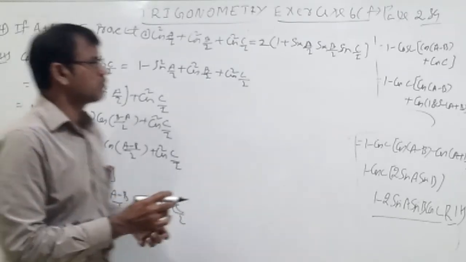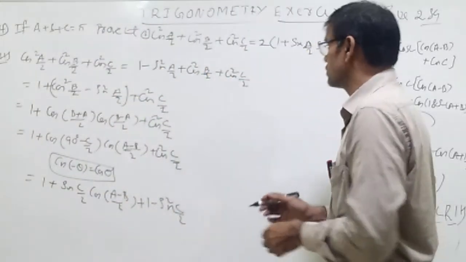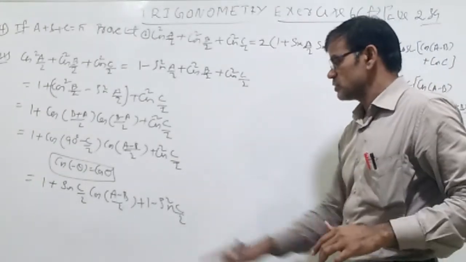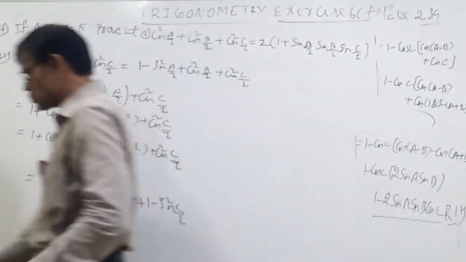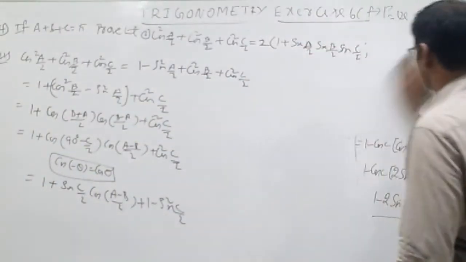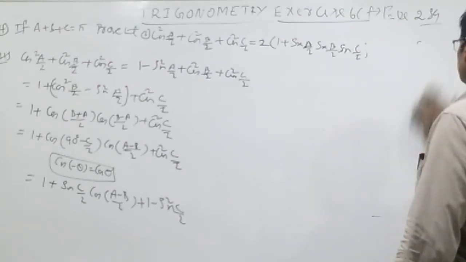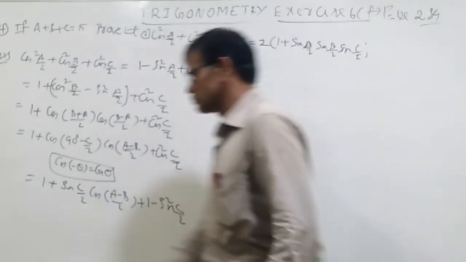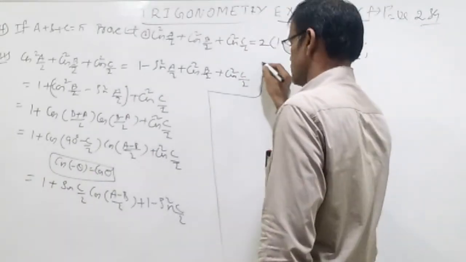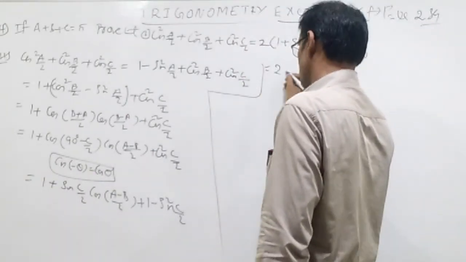Why are you writing 1 minus sin square c by 2? It indicates that in the RHS we should get 2. So this is 1 and this is 1, 1 plus 1 becomes 2. That is equal to 2 plus.